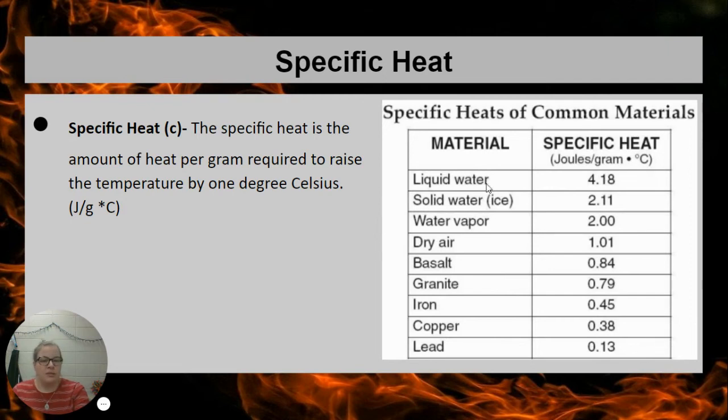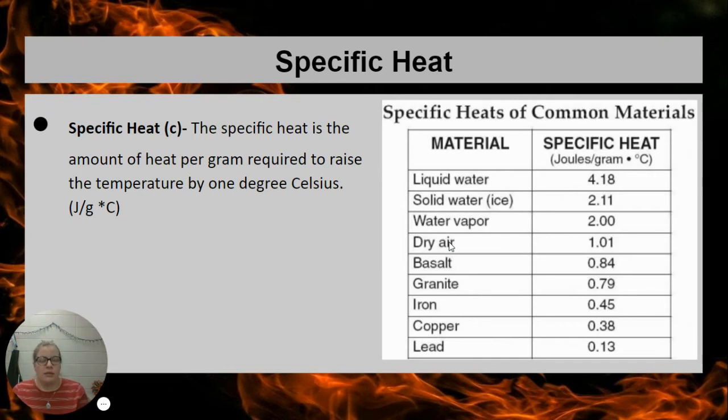So what that means is, I have a little list over here. Liquid water requires you to add 4.18 joules worth of energy to make 1 gram of water go up 1 degree Celsius. And if I want to cool the water down, I have to take out 4.18 joules for every gram to make that drop 1 degree.